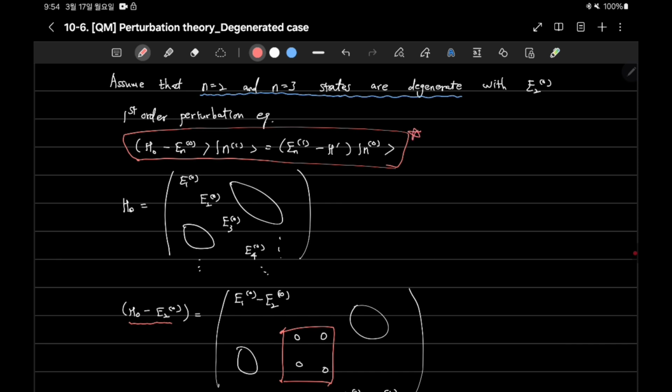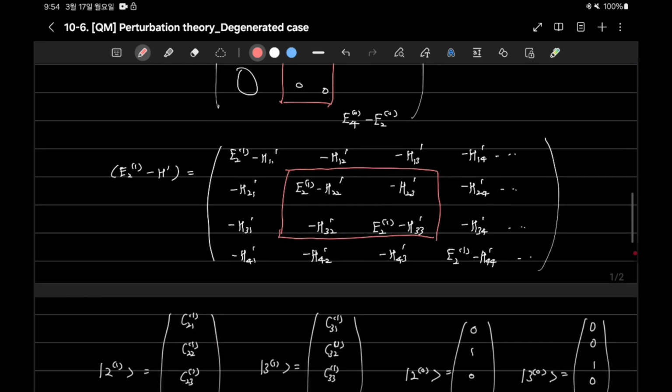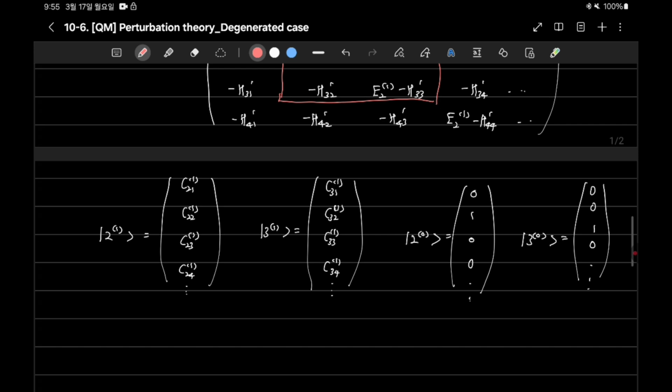Then if we find the energy correction to the state with E20, how do we know whether to use the states E20 or E30?